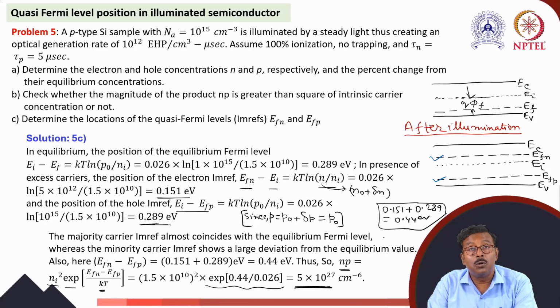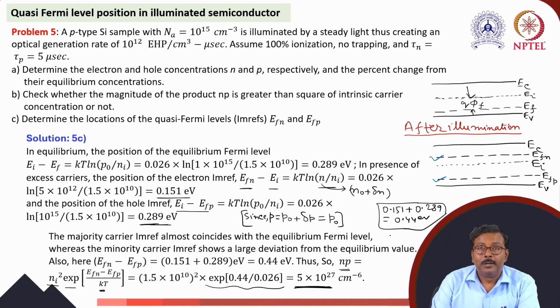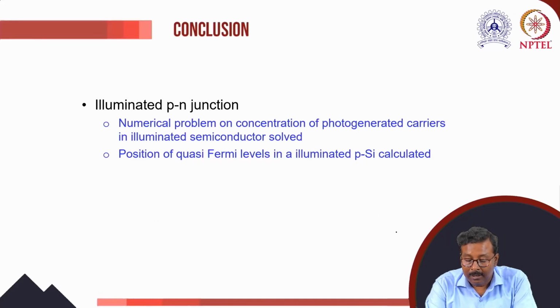So these two problems, I hope, have given you an insight into how the quasi-Fermi levels change due to illumination. Also, the change in minority carrier concentration is much more significant compared to its equilibrium value than the change in majority carrier concentration.